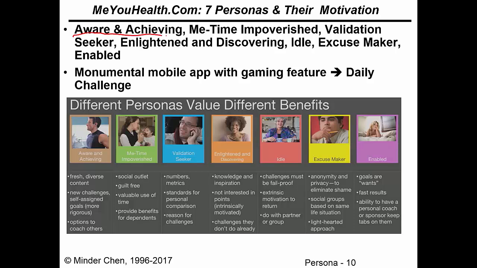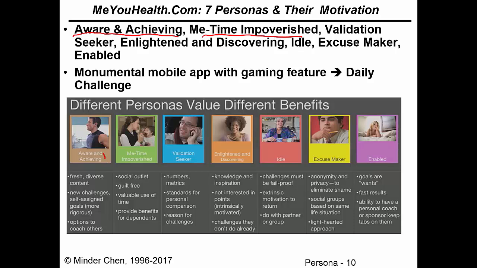One is aware and achieving. The other is me time impoverished. The third one is validation seeker. Then enlightened and discovered, idle, excuse maker, and enable. Let me explain what those categories of personas mean here.